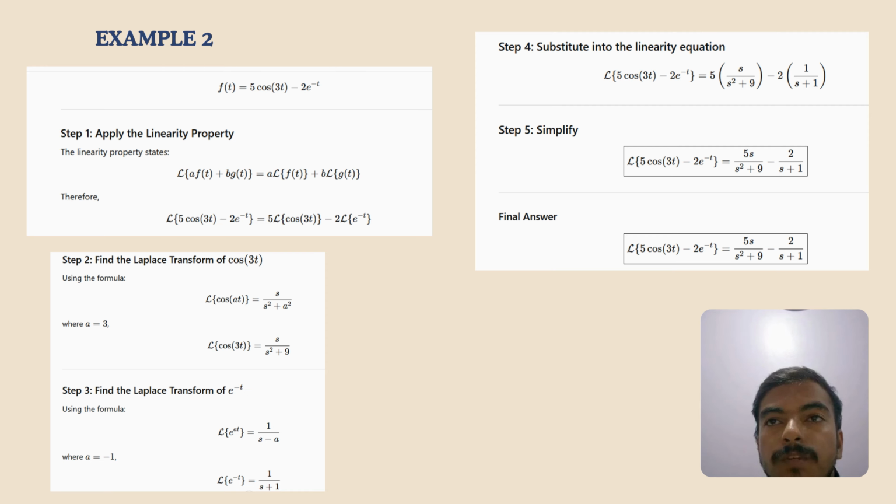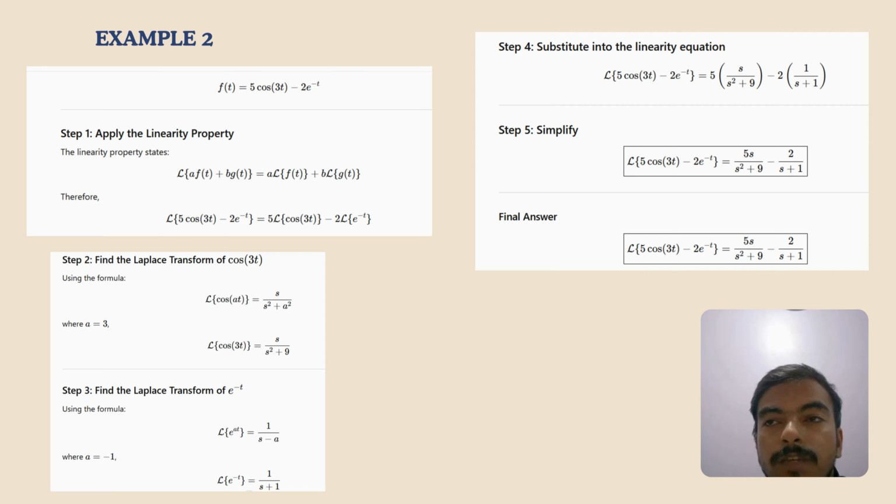We must mention step 5 as the simplification of step 4. After simplifying step 4, in step 5 we get Laplace of 5 cos 3t minus 2 e to the power of negative t equals 5s over s squared plus 9 minus 2 over s plus 1.